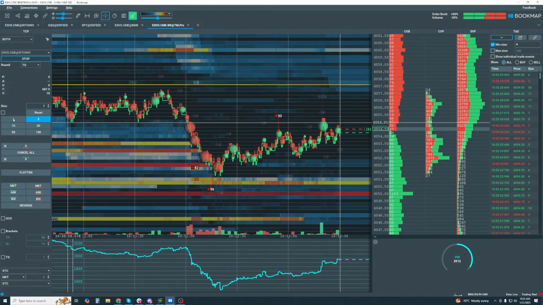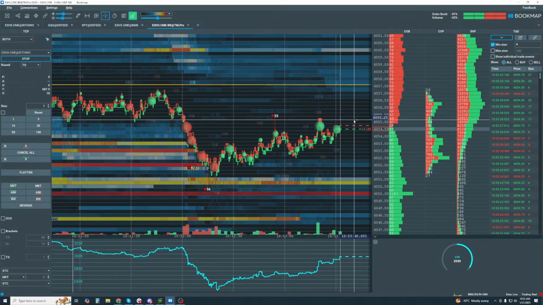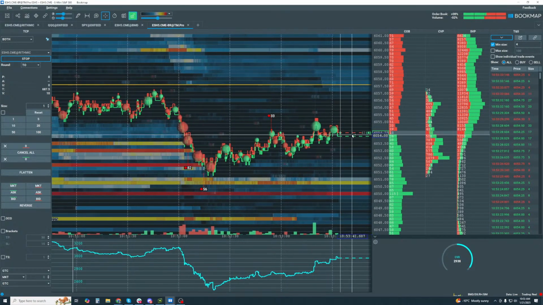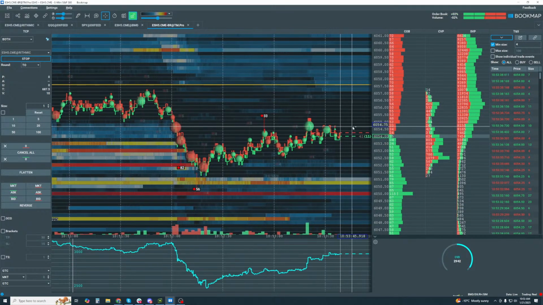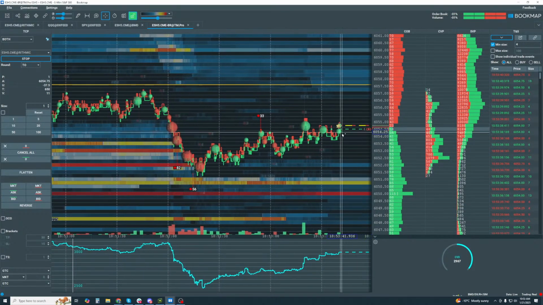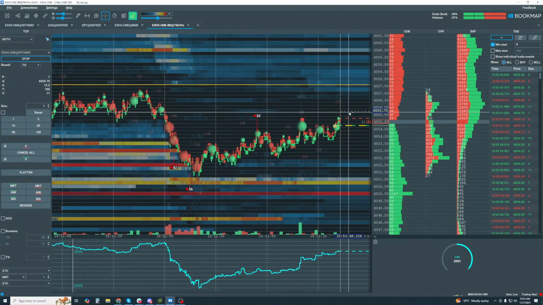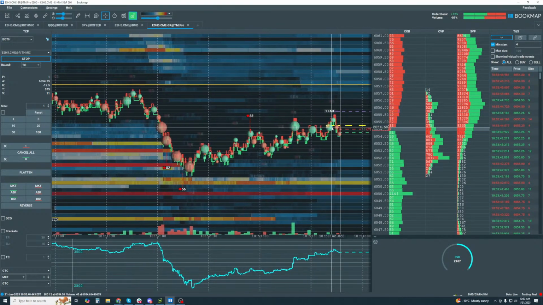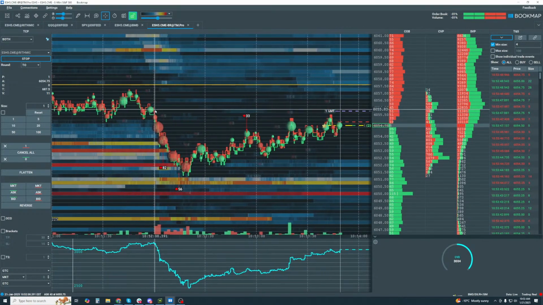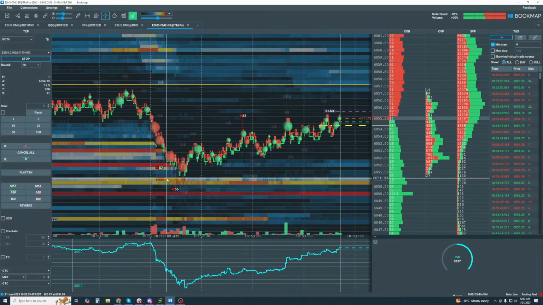So now we can even take a swing at this here. We got some buyers again, so let's see if we can get back up here and get some buyers. Okay, so we're in. Now I'm not looking for much. This is a small scalp, and if I don't get the buyers in here back up to here, then we're out.